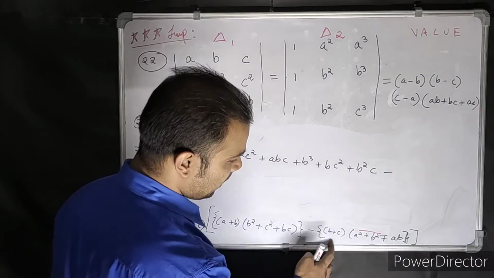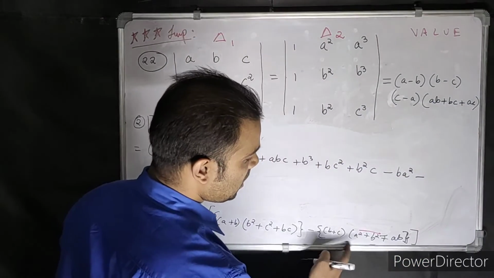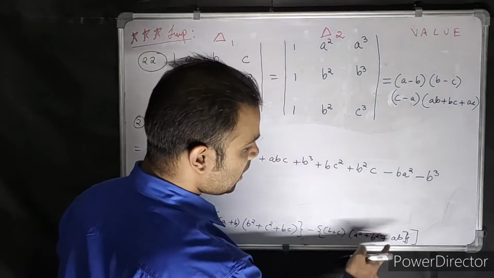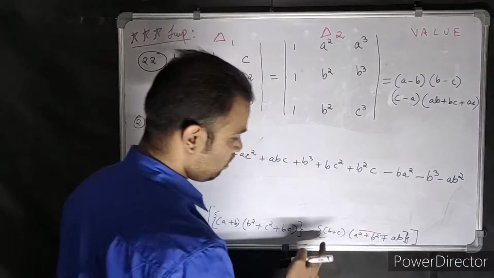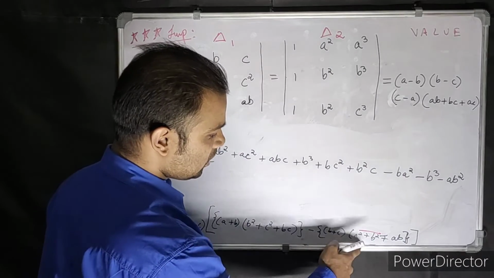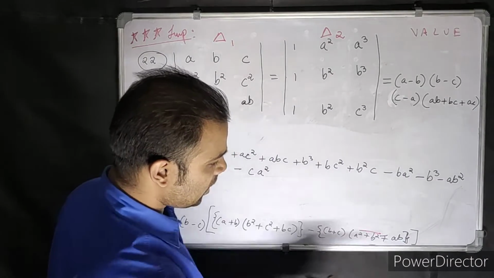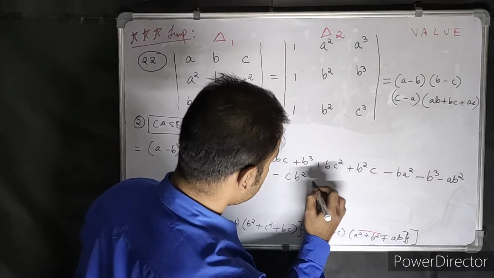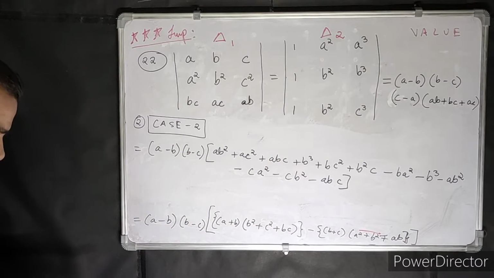Start multiplying. b into a square is ba square, minus b into b square is b cube. Then b into ab is minus ab square. This into this is minus ca square. This into this is minus cb square. And this into this is minus abc. And the bracket is closed.